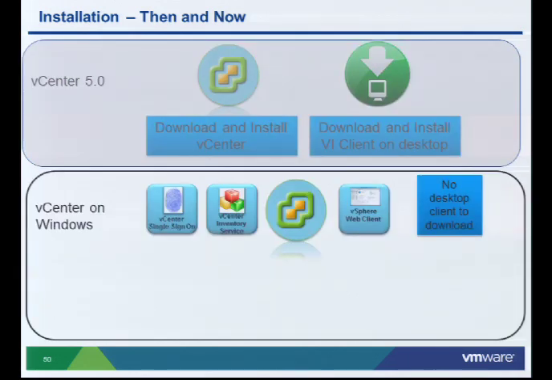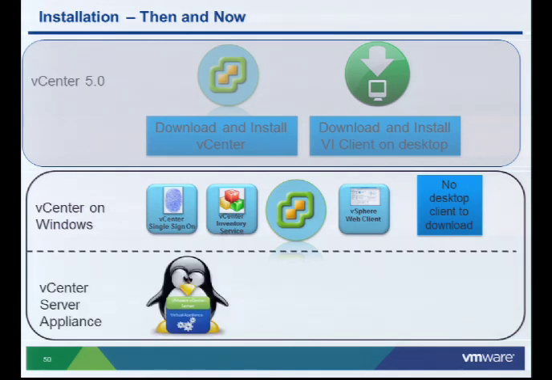Well, now you have vCenter single sign-on, you have the inventory service, you have the core VC, and you have the web client. When I say that, I mean the application server corresponding to the web client. So that's one way if you're deploying on Windows. If you use the server appliance, then the appliance comes with all of these four services inside one.